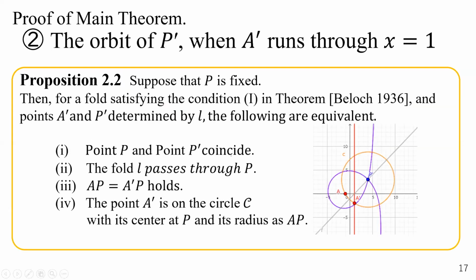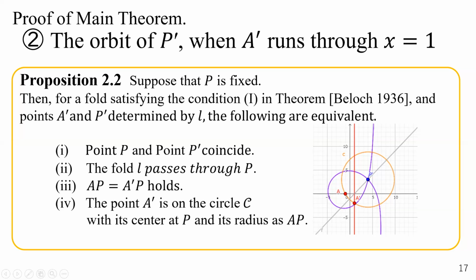Next, we study the trajectory of P prime when A prime runs through x equals 1. Proposition 2.2 supports that P is fixed. Then for a fold L satisfying condition 1 in the theorem, and points A prime and P prime determined by L, the following are equivalent. 1.